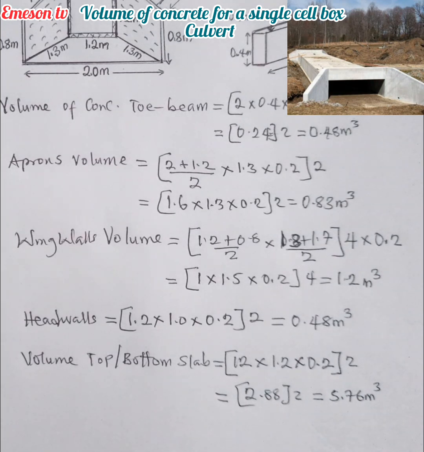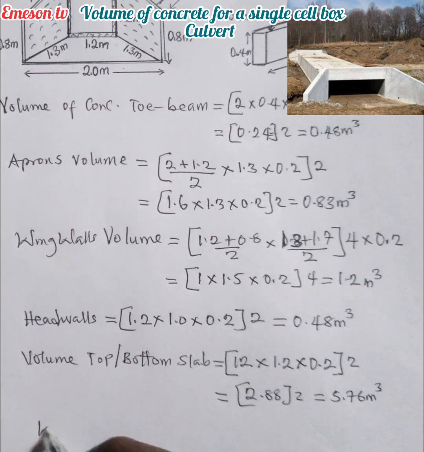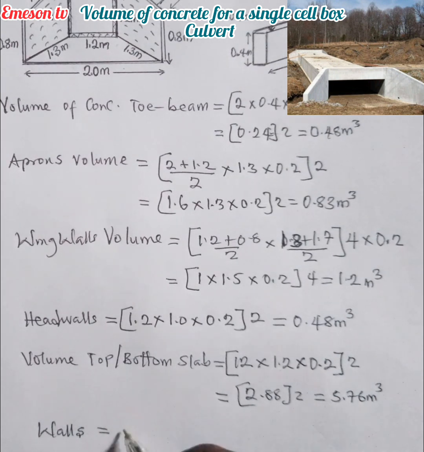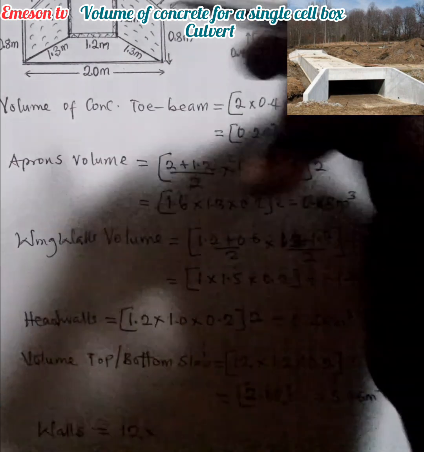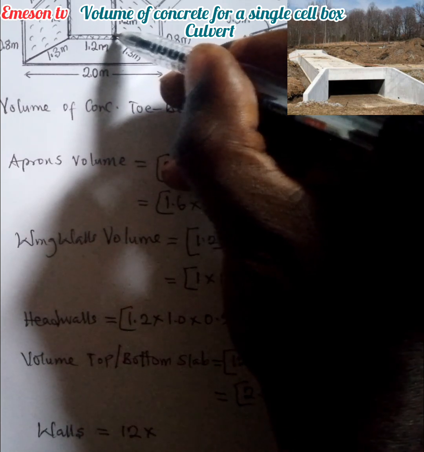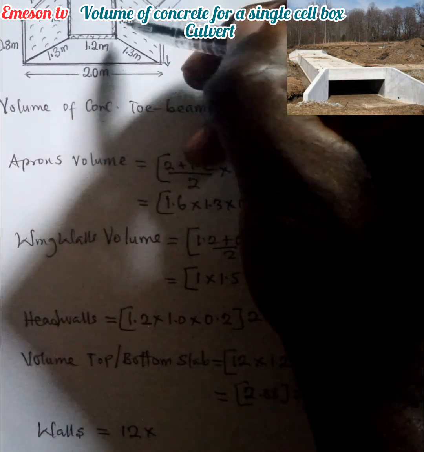Then the next thing we need to consider is the walls, the vertical walls. For the walls, the length through which the wall is spanning is 12, multiplied by the height of the wall, from the top of this base to this point, which is 1.2.